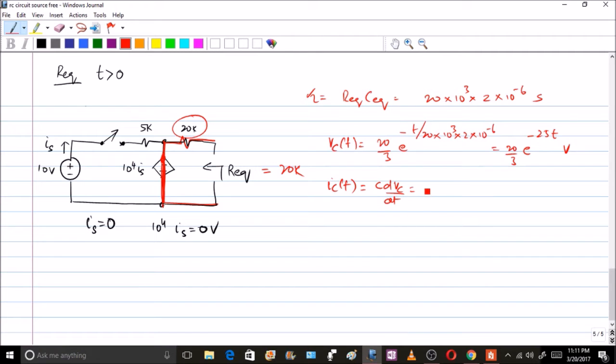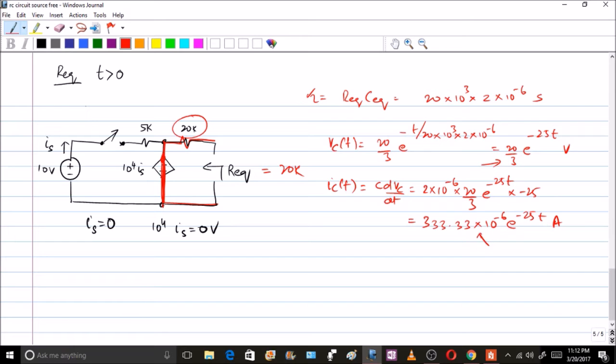So it is 2 into 10 power minus 6 multiplied by the derivative of this term, 20/3 e power minus 25t into minus 25. If you do this solution, you will get 333.33 into 10 power minus 6 e power minus 25t, and this is in amperes.